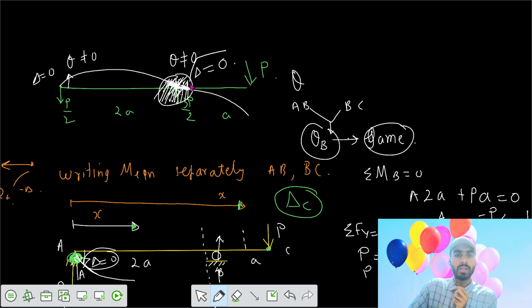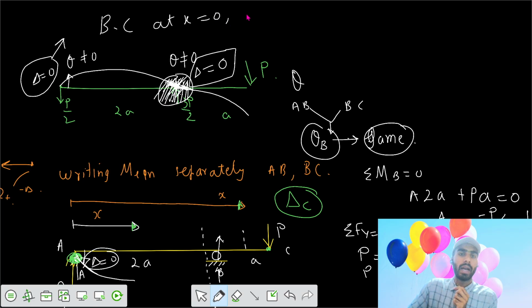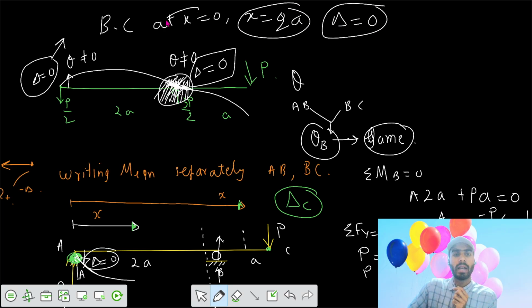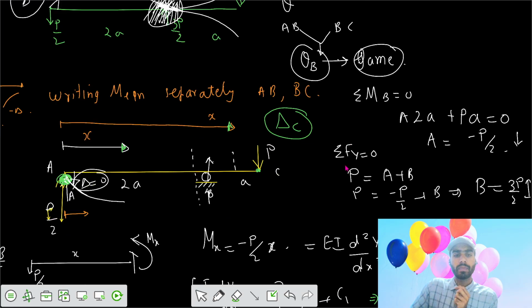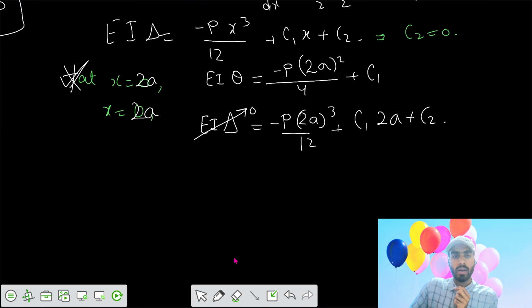So if you want to write the boundary conditions, at x equals 0 and at x equals 2a we have deflection equals 0. Using that deflection equals 0, at x equals 2a we got that relation in terms of C1 and C2.